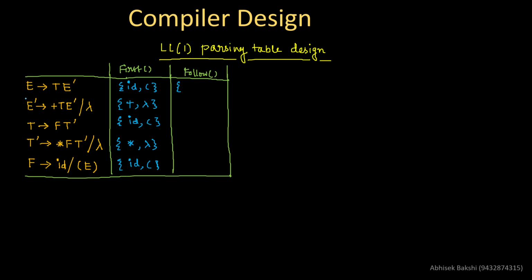Since E is the start symbol, if I have some W here, at the end we know that there will be a dollar. And this whole string is basically generated from this E. That means E must be followed by a dollar.